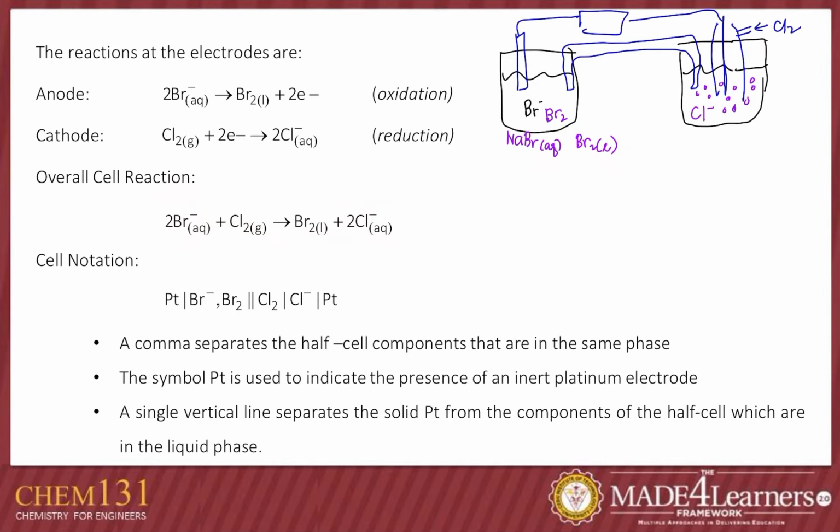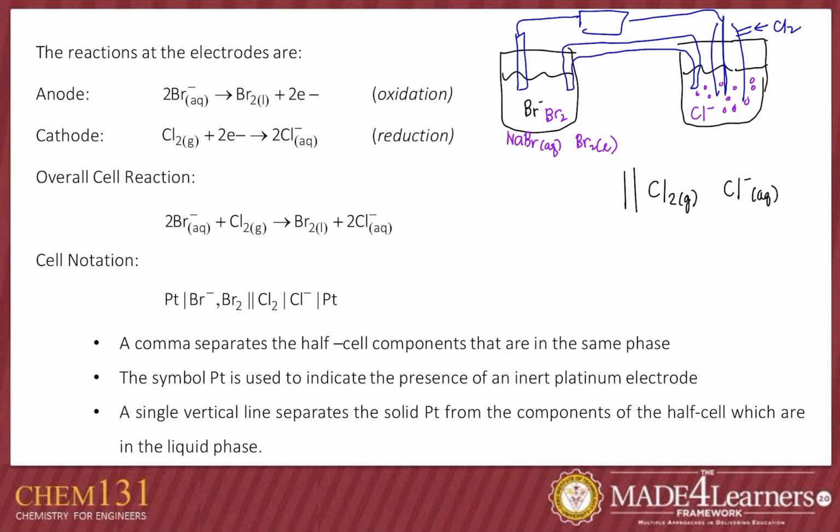cell notation. So for the cell notation, you can start with the salt bridge, and then sa right side, ang chlorine, I'm sorry, dili man siya mudawat, no? Ang chlorine gas, mo'y mudawat og electron para mo form og chloride nga ions, sorry. So, si chlorine gas, that's a gas, it will accept electrons to form chloride ion.